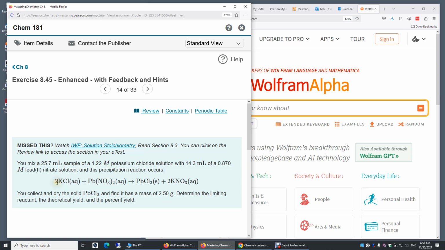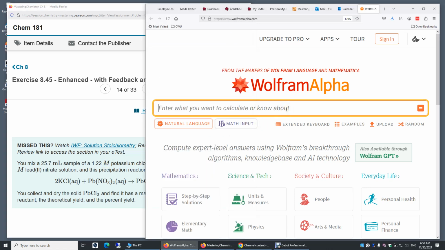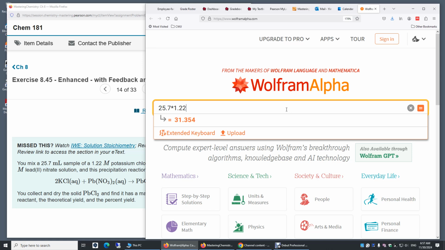So first, let's look at KCl. What's the amount of KCl? It's 25.7 milliliters times 1.22 molar. So we'll do 25.7 times 1.22, and then we get 31.354 millimoles. Make sure you understand this value has a unit of millimoles.